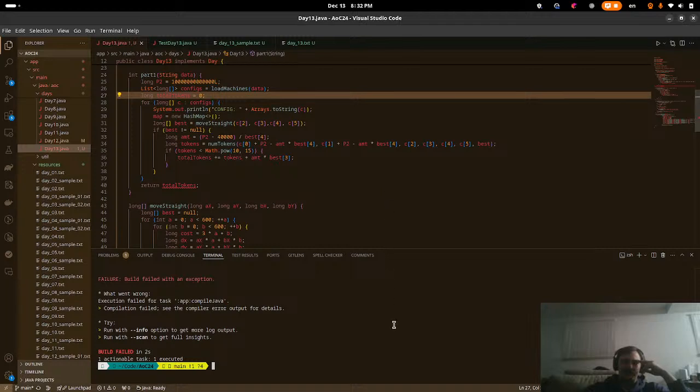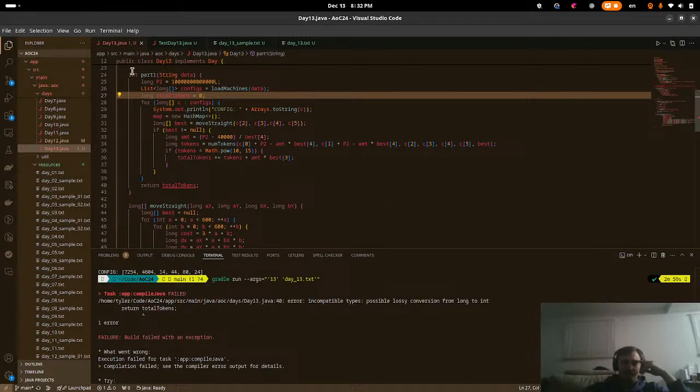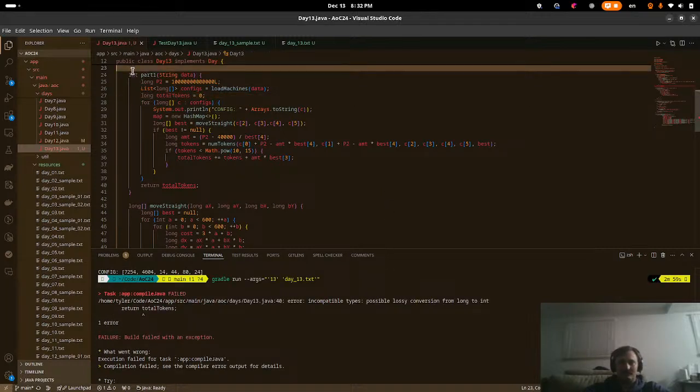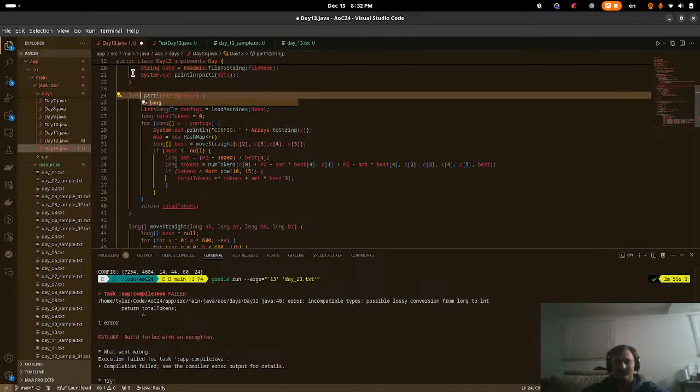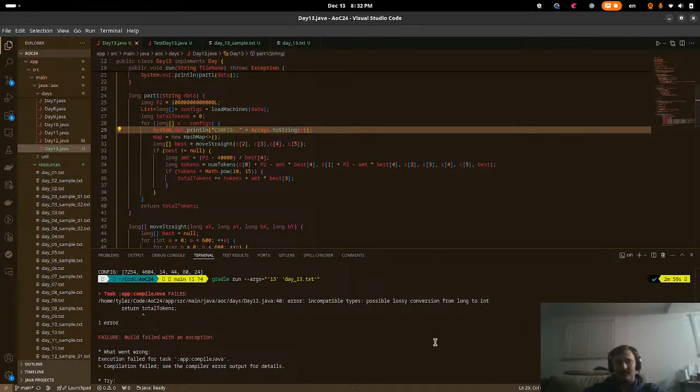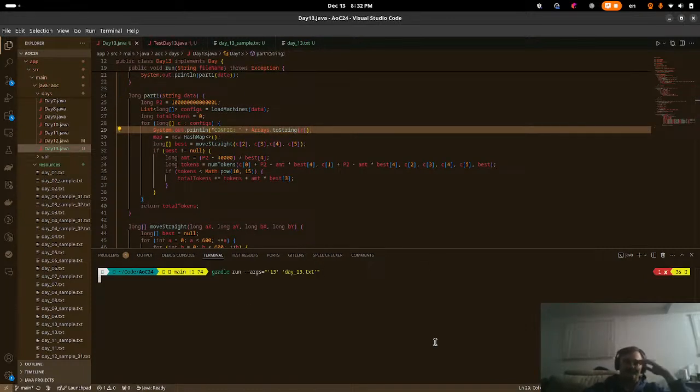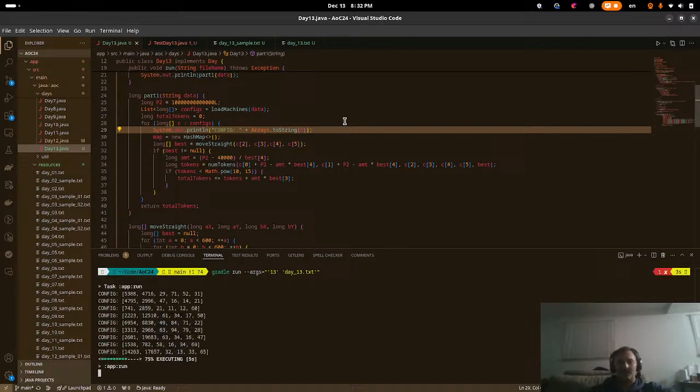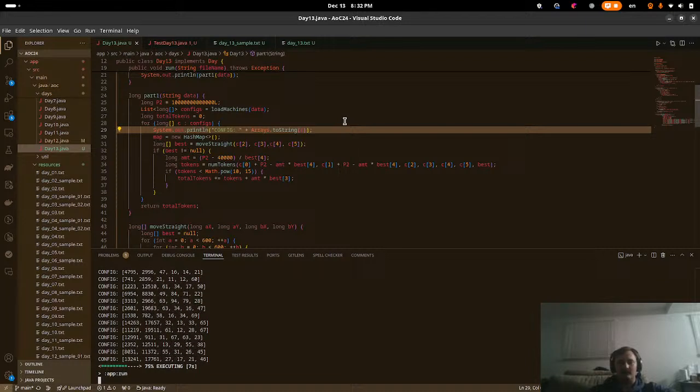Alright, let's wait again. What happened? Oh. That's a lot of tokens, man. How are you gonna carry all those tokens around? It's running a little bit faster now. I think it was all that. No, it's about the same.